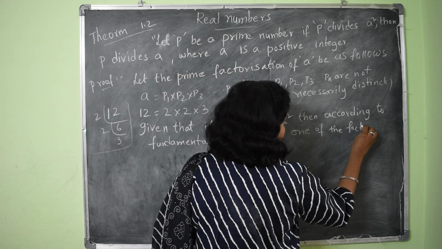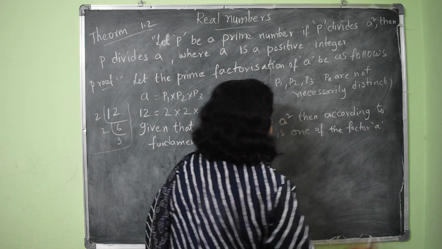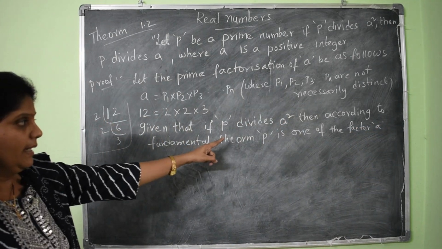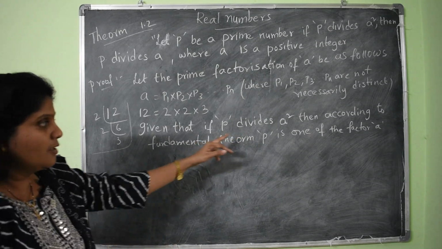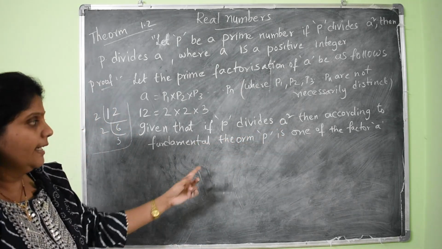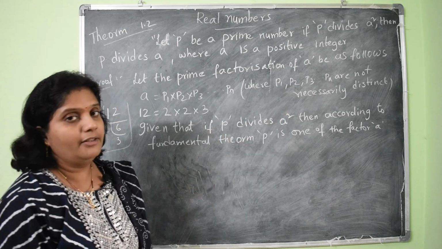Yes. How is it? I will explain. Given that if P divides A square, if P is going to divide this A square, then obviously P will become one of the factors of A.